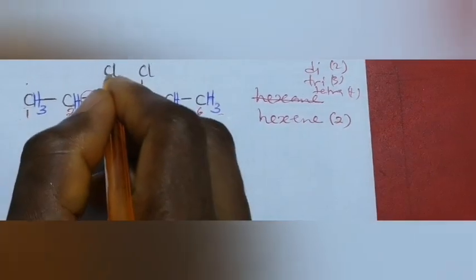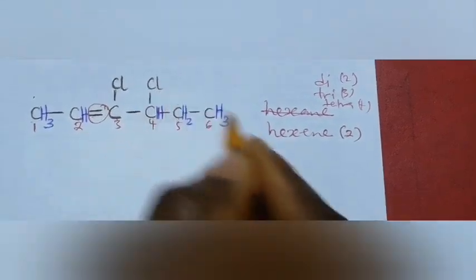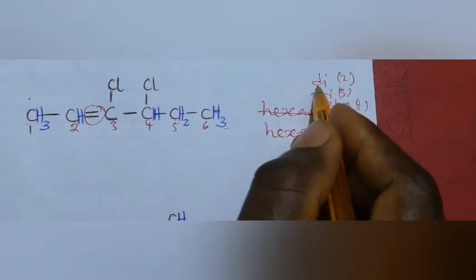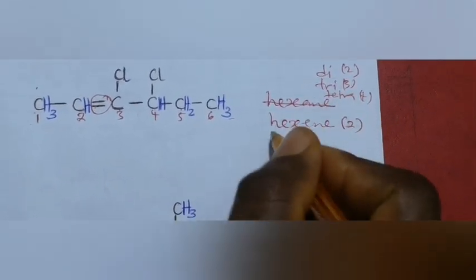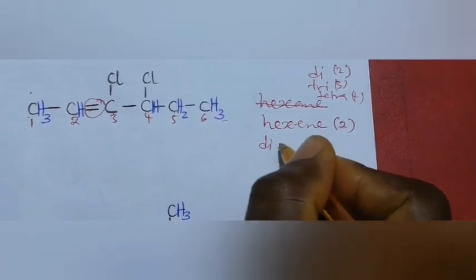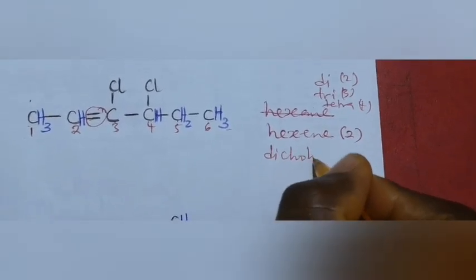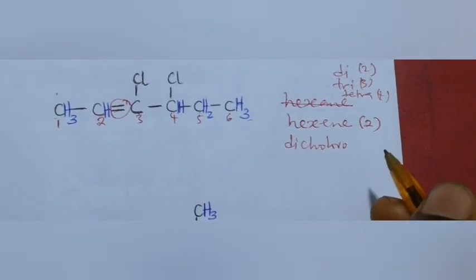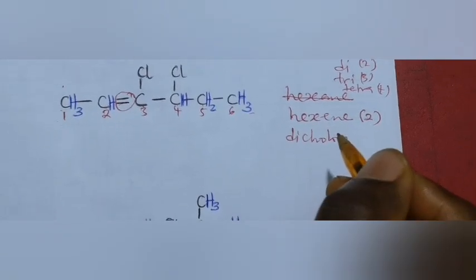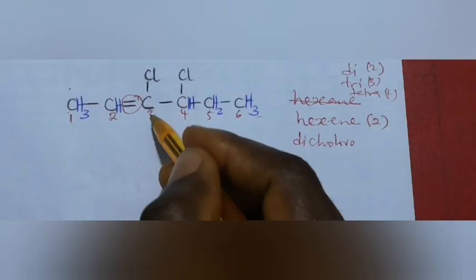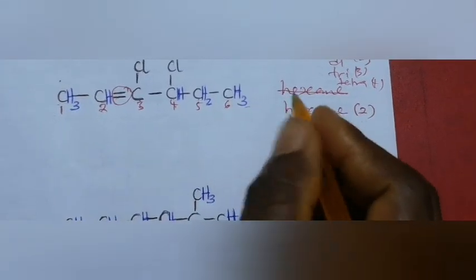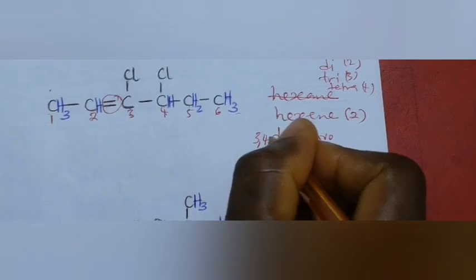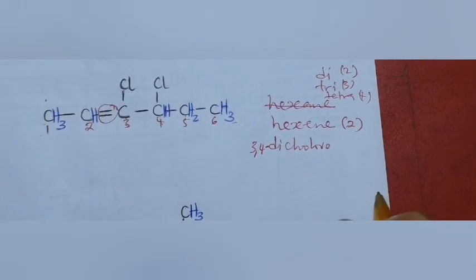Now since we have two atoms of chlorine, we are going to use the prefix di. So it is going to be dichloro, and this dichloro is at 3 and 4. So it is 3,4 dichloro.